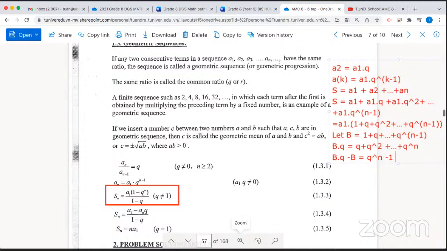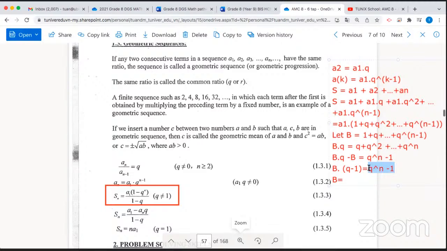Taking out B, B times (Q minus 1) equals Q to the power of N minus 1. So B equals (Q to the power of N minus 1) divided by (Q minus 1).